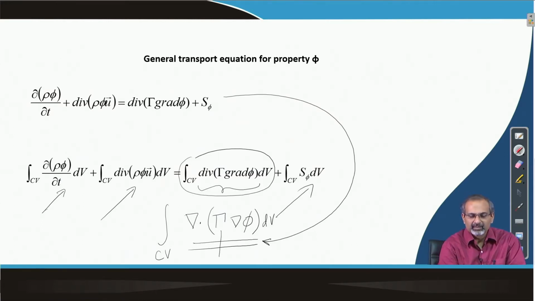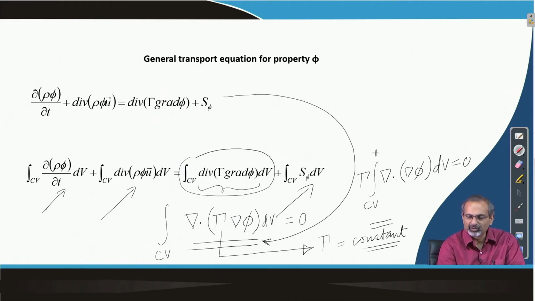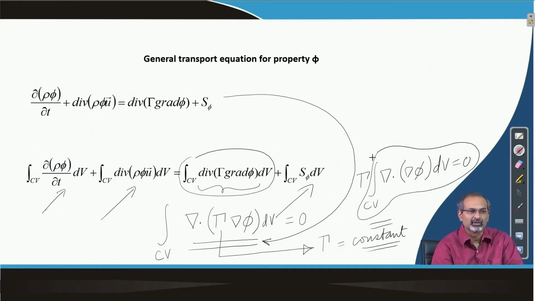So, here if you imagine that gamma, which is the transport coefficient, is a constant, so it has no spatial variation or no dependence on phi, then it can be taken out of the integral, and then if this is equal to 0, then you might as well say that when gamma is a constant, you are left with this form of the equation, and therefore, it is sufficient to just set the integral to 0 without considering the gamma effect at all.